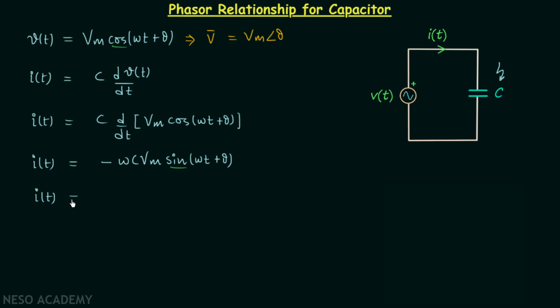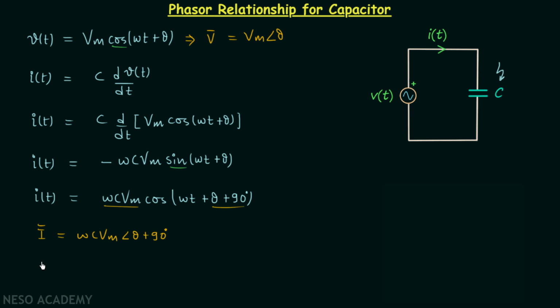We can have i(t) equal to omega C Vm cos(omega t plus theta plus 90 degrees). Now we can compare v(t) and i(t). From here we can have I phasor. I phasor will be equal to omega C Vm angle theta plus 90 degrees.